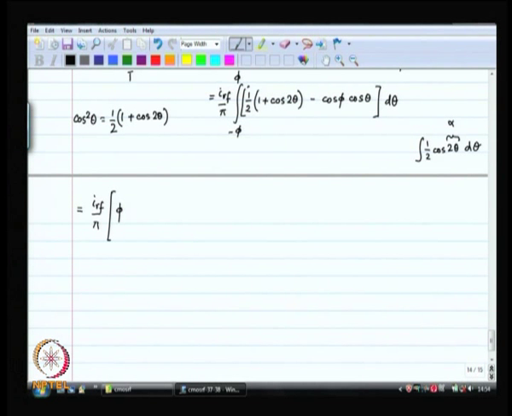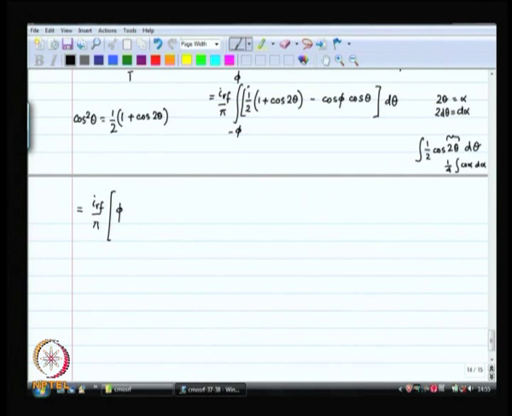If you replace 2 theta with alpha, then twice d theta will be d alpha. So, basically what that means is you have got 1/4 of integral cos alpha d alpha. Agreed?